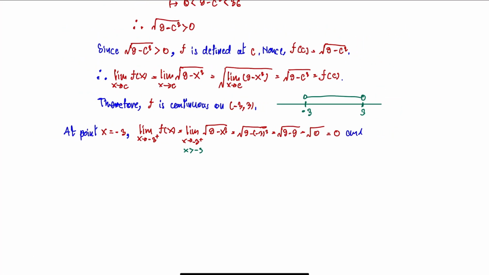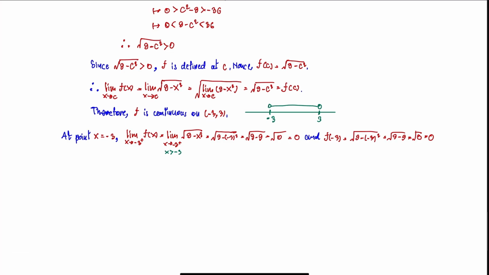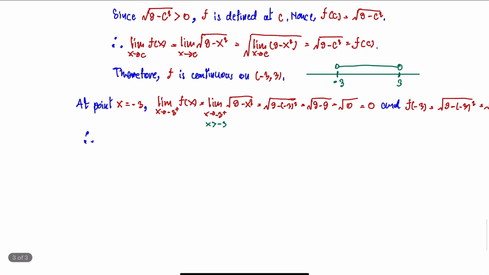Okay, and what is f of minus 3? It is the square root of 9 minus 3 squared, which is the square root of 9 minus 9, which is the square root of 0, which is 0. So that means we have the limit of f of x as x approaches minus 3 from the right equal to f of minus 3.